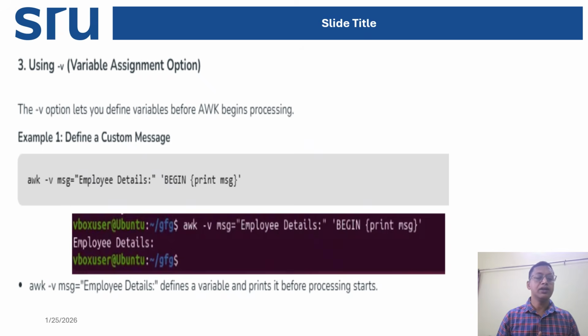So in this scenario we have defined a single variable, msg, and its value is employee details. And what is the code here? BEGIN print msg. So that message will be printed before processing of the input, because the begin block will be executed before taking the input. So that is the reason it displays the line employee details. That's it. Okay.